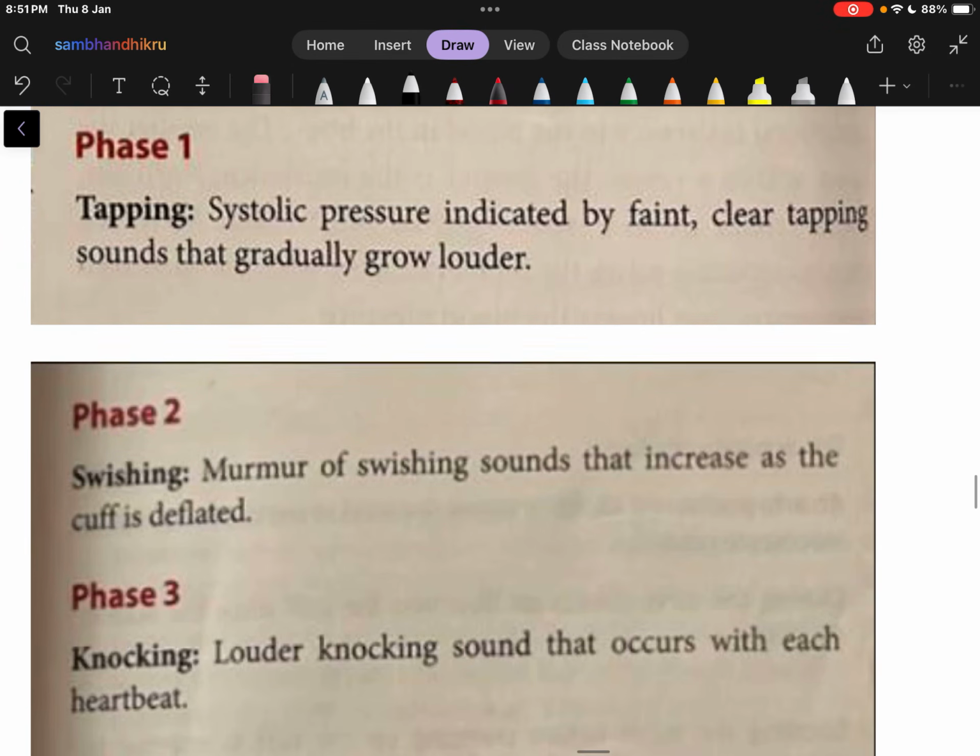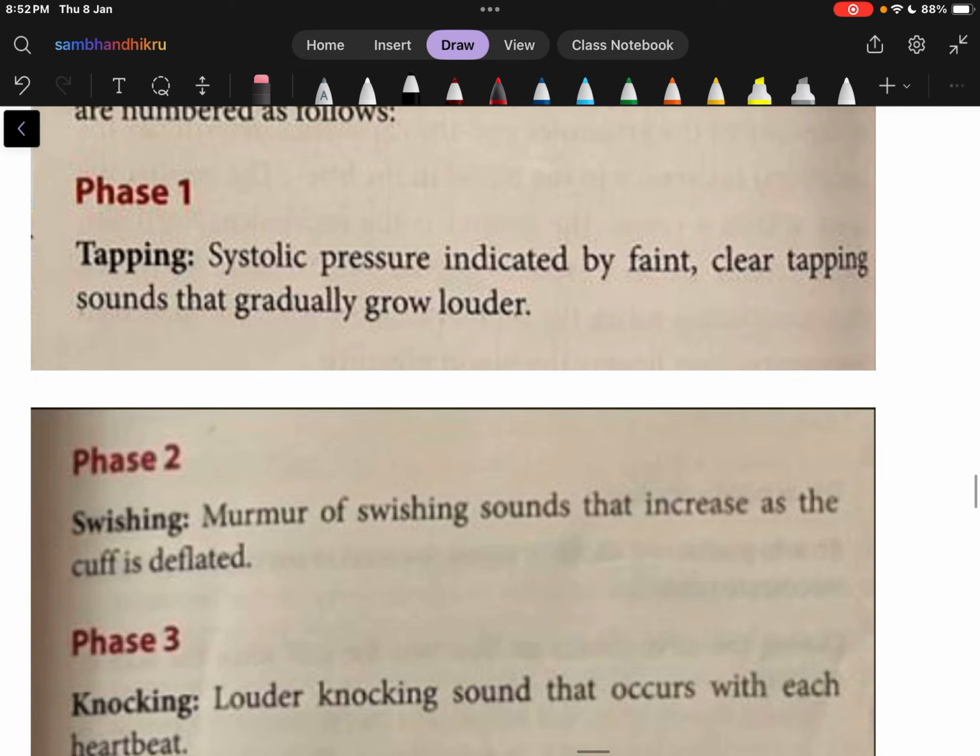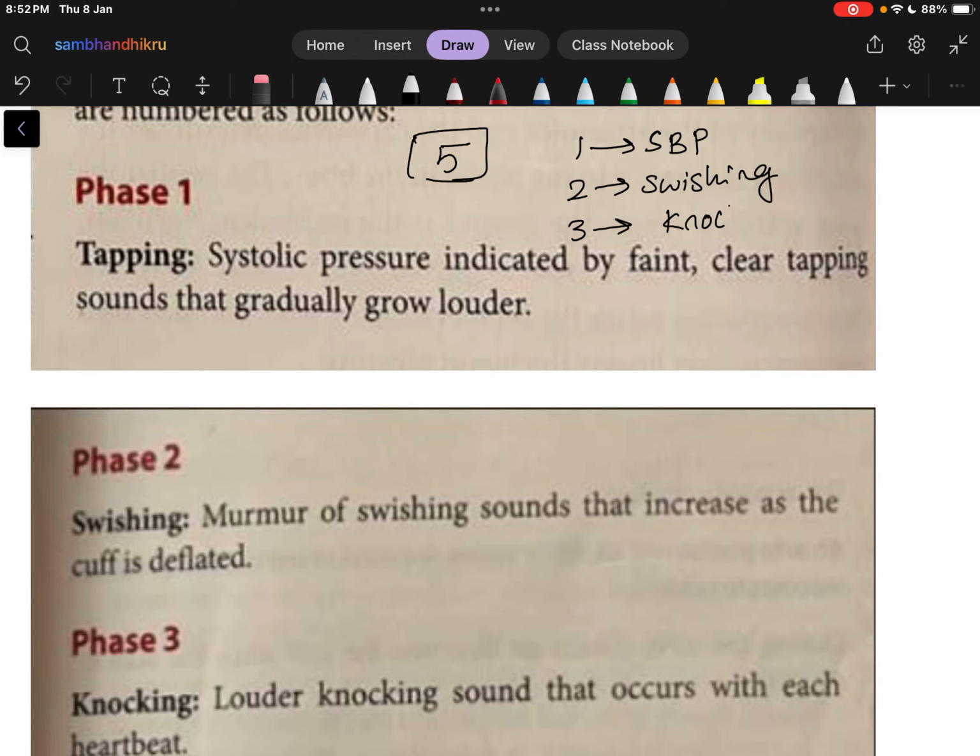Clear? So what are the phases? There are 5 phases. Okay, in the first phase it will be the systolic blood pressure. In the second, the flow of the blood will be called a swishing sound. In the third you will get some loud sound, that is a knocking sound, but it is not stronger than the systolic blood pressure.